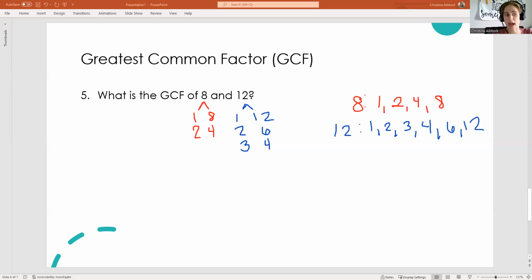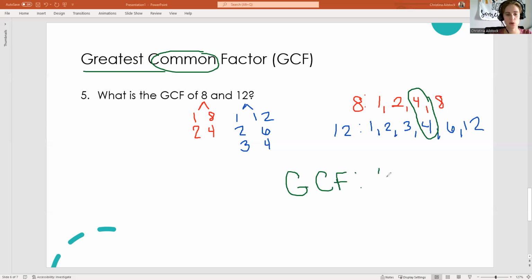Now that I know my factors of each, I need to see what is the greatest one that they have in common. That'll be our GCF. They don't have a 12 in common, they don't have a 6, they don't have an 8, but look here, they have a 4 in common. So the GCF between 8 and 12 is 4.